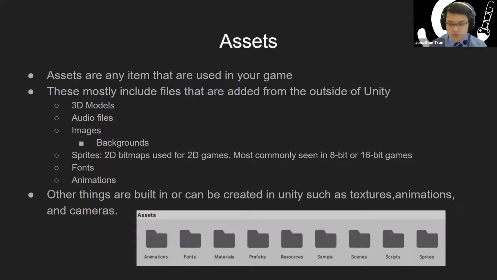And just to go over sprites real quick, because I'm sure you've heard it a few times so far: a sprite, at least in a 2D case, is a 2D bitmap used for 2D games. It's most commonly seen in 8-bit or 16-bit games. So the character model for Mario in 8-bit Mario is essentially a sprite.